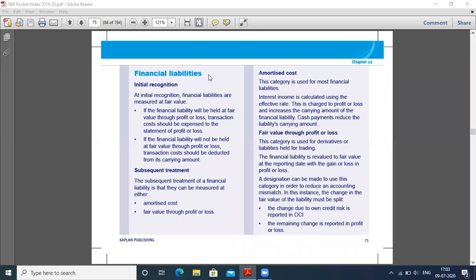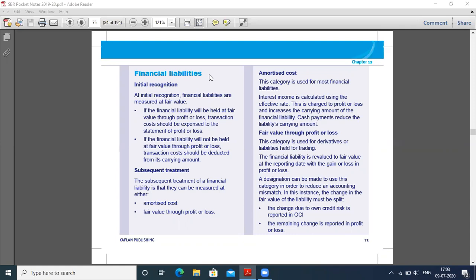Once again, when initially recognizing the financial liability, first we need to see whether it is a trading or non-trading company. Trading company means a company which generally deals with investments and speculations. For a non-trading company, the transaction cost is deducted from the carrying amount, and the net carrying amount is shown in the financial statements.